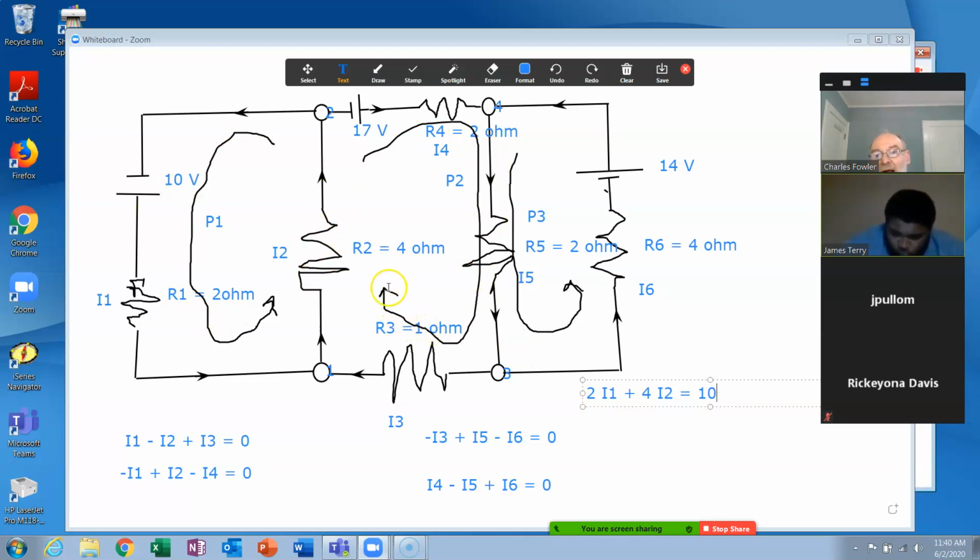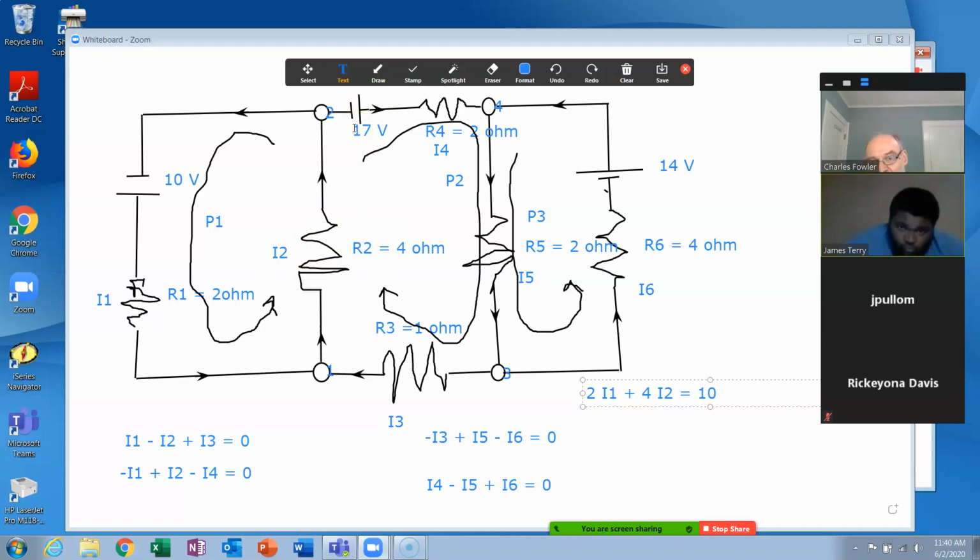Okay, wow, we got 4 drops here. Here we have a drop of 2 times I4 plus 2 times I5 plus I3 plus 4I2 from here is equal to 17.